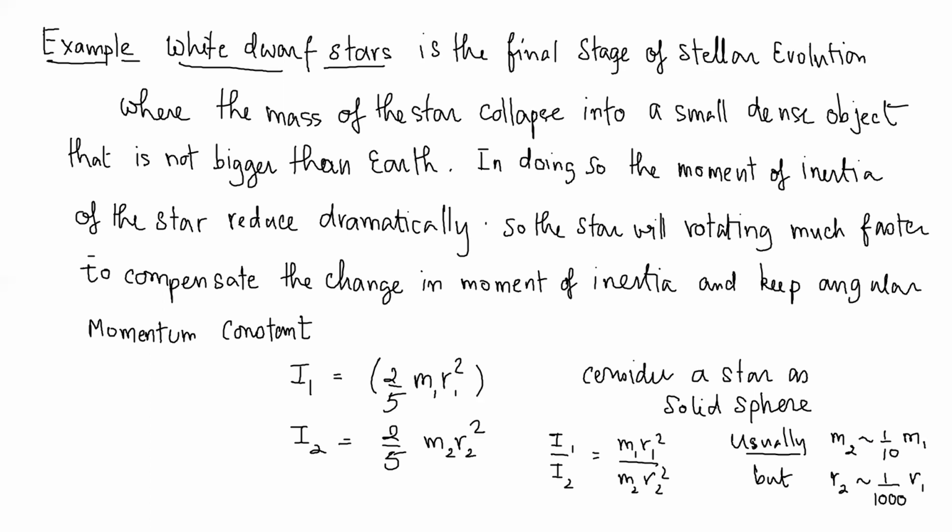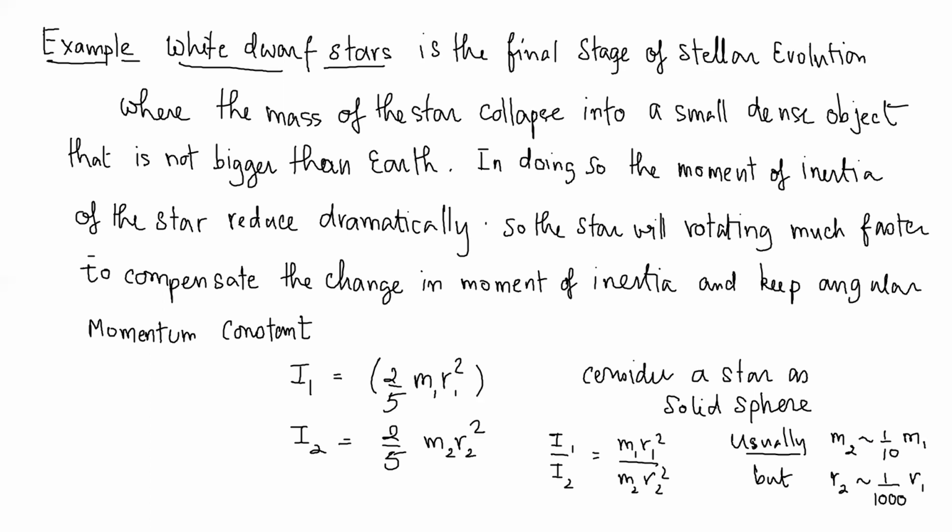And in doing so, initially when it is a star of larger radius, its moment of inertia is large. So the star is slowly turning because it has to conserve its angular momentum.